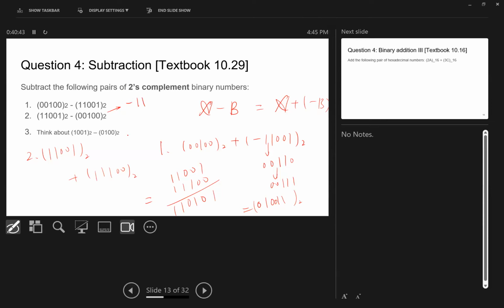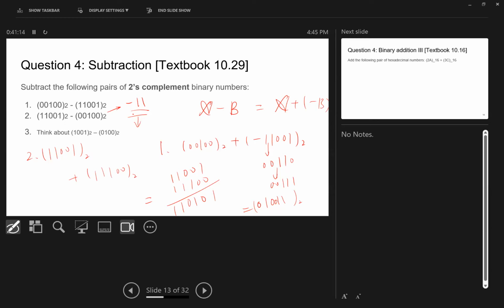And if we want to transform the negative 11, you can see here, the result does not overflow, right? The result of the decimal notation does not overflow because the minimum number we can represent for 5-bit two's complement is negative 16, right?